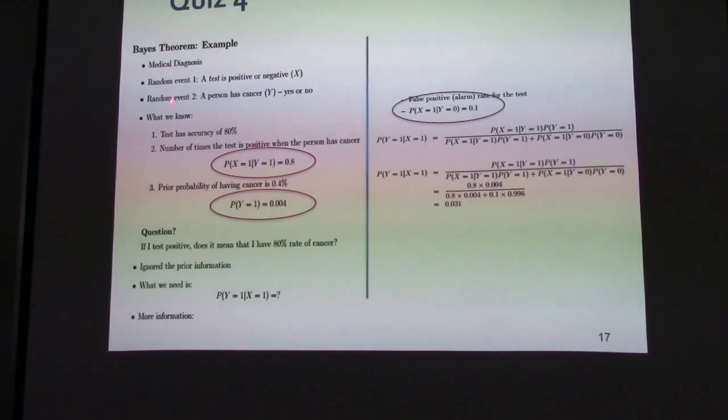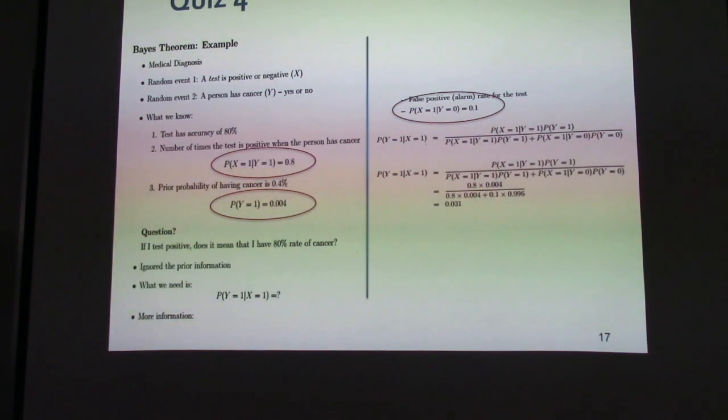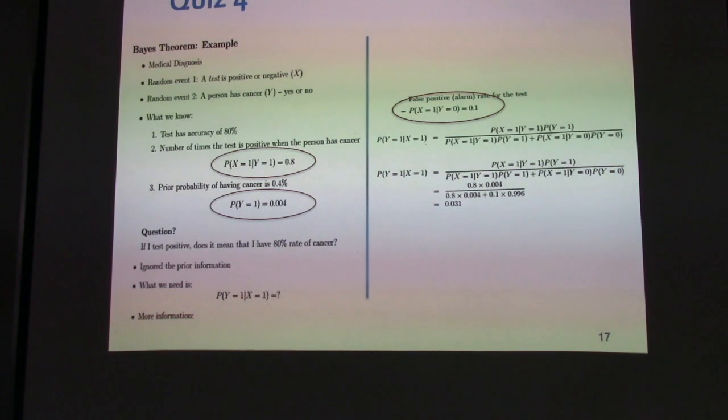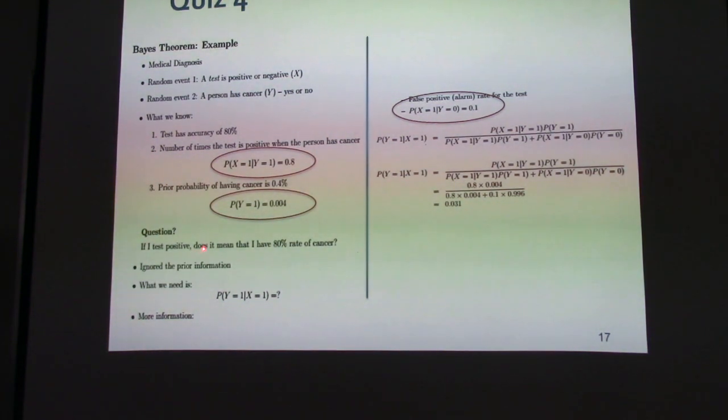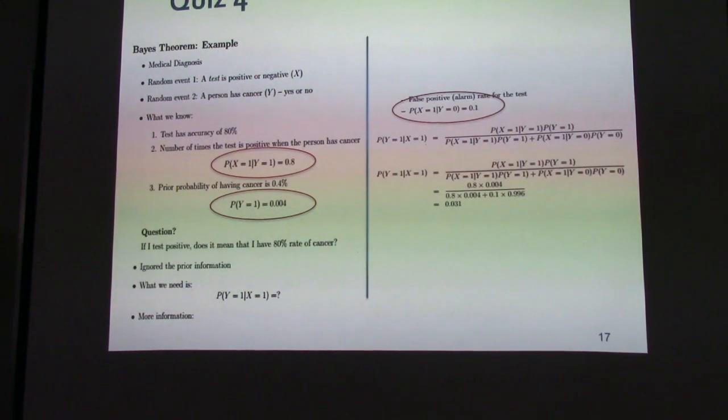Here we know the test accuracy is 0.8, and we also know the prior probability is 0.04. Our question is, if you get a positive test, what's the probability that I have cancer?